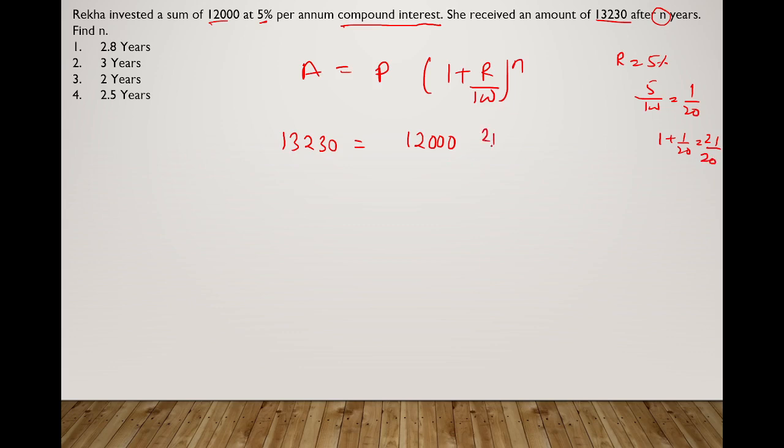So this is 21 divided by 20 to the power n. So 13,230 divided by 12,000.